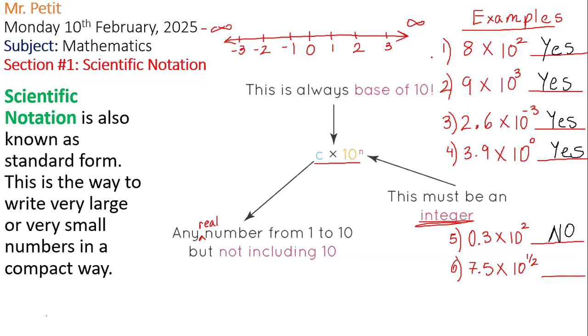Is this in scientific notation? No, sir. Everyone is saying no. The exponent cannot be a fraction. Is this in scientific notation? Yes, sir. Who said yes?